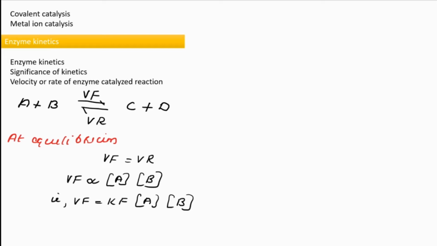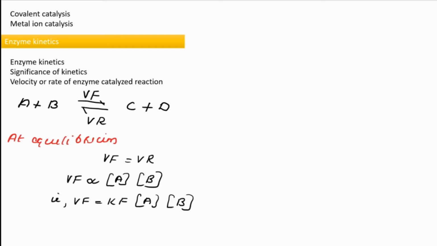And after some time also the number of substrates is 5 and the number of products is 3. That means it is at equilibrium, the same pattern, same pace. But the reaction is carrying on there. How is this possible? Because the forward reaction and reverse reaction are happening at the same pace, same speed.